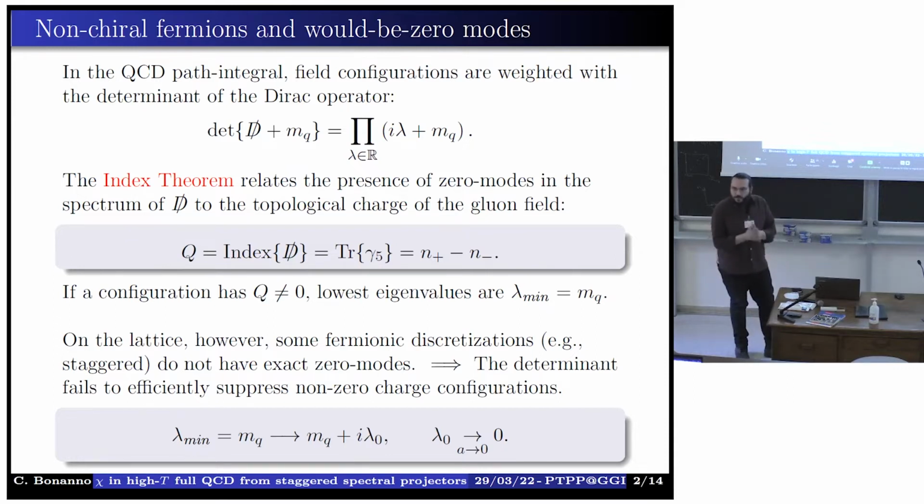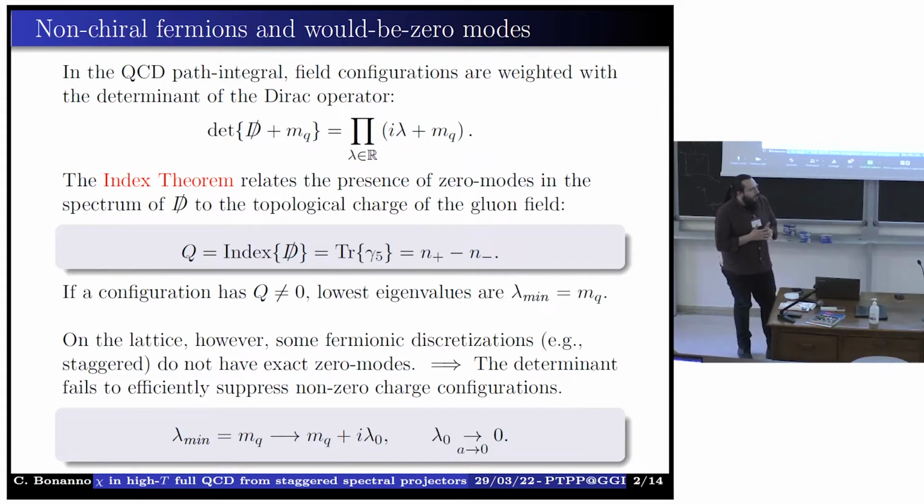This means that in the presence of light quarks, there is a suppression of these configurations in the path integral. Note that this eventually leads to the vanishing of the topological susceptibility when we take the chiral limit.